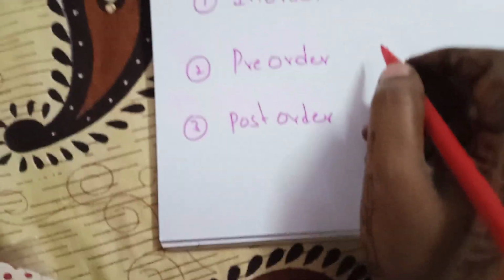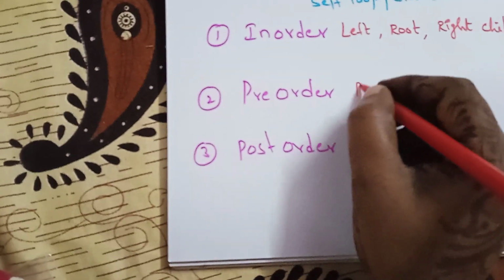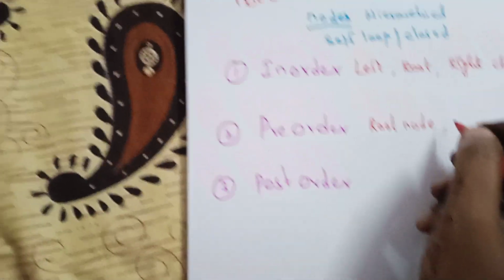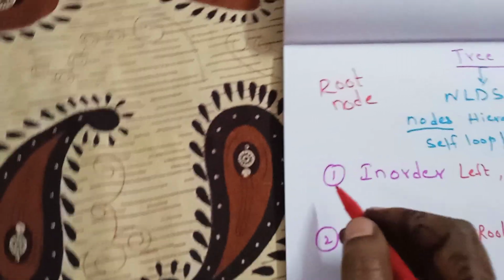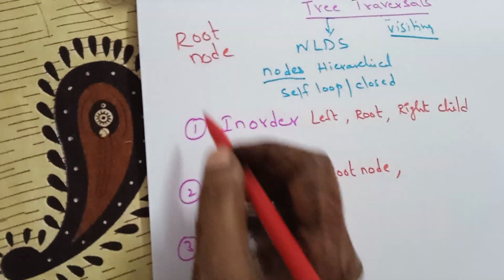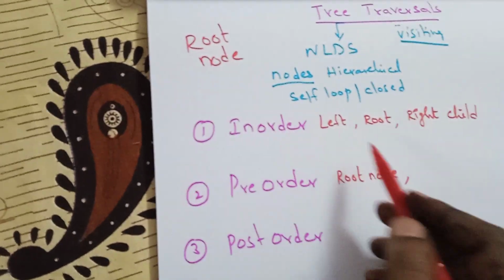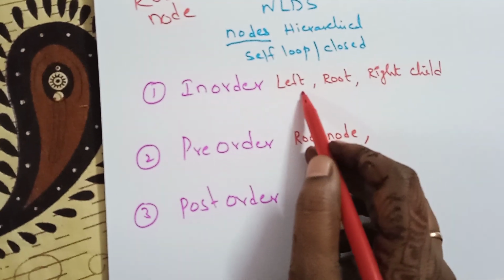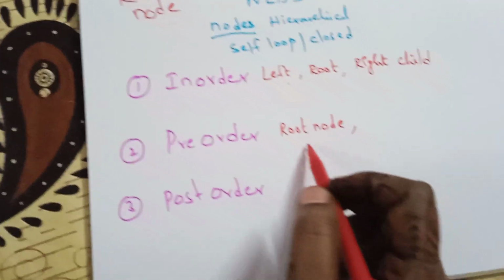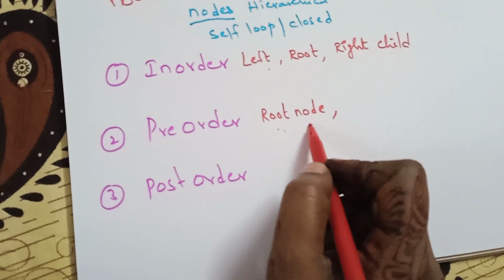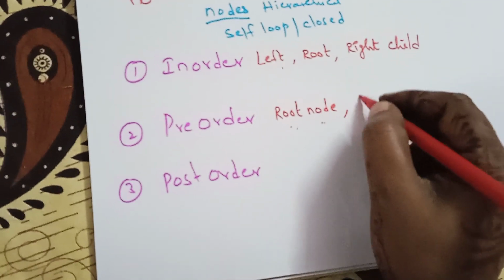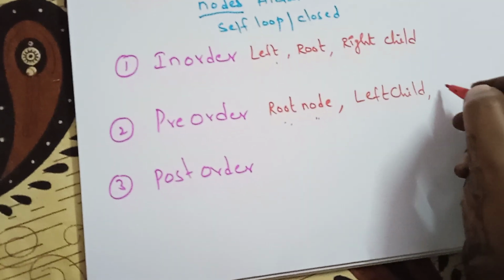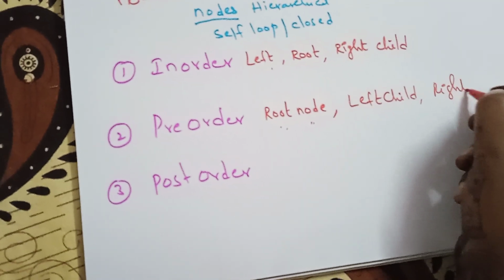Now what is pre-order? Pre-order means the root node will be visited. I told you just before that these three scenarios are based upon the root node. So in-order means the root node will be visited after the left child. Pre-order means the root node will be visited first of all, then we will go for the left child, and then the right child.